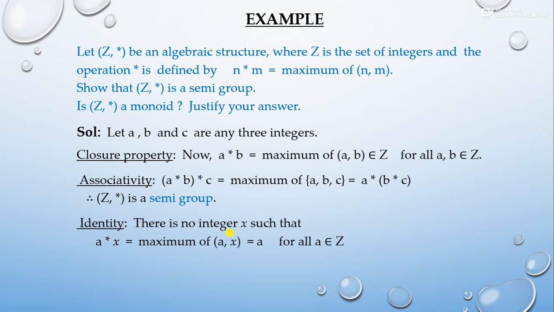So it does not always equal a, which means we can't say that x is the identity, because this does not hold the property that we always get a. So our identity doesn't exist, and we can say that Z with star is not a monoid.